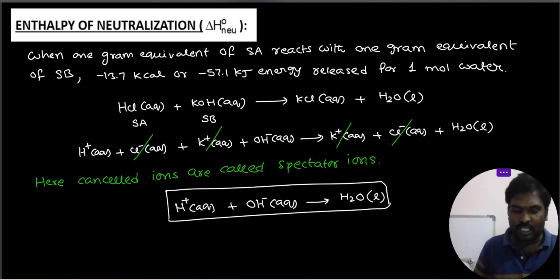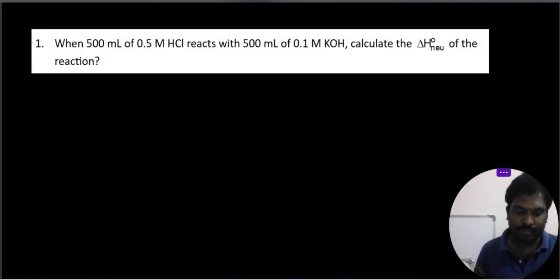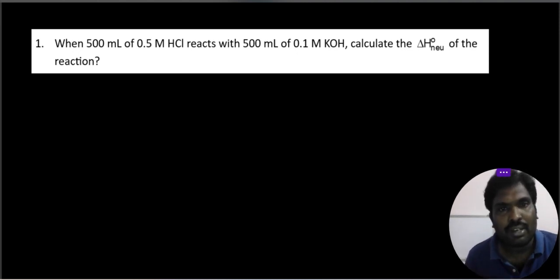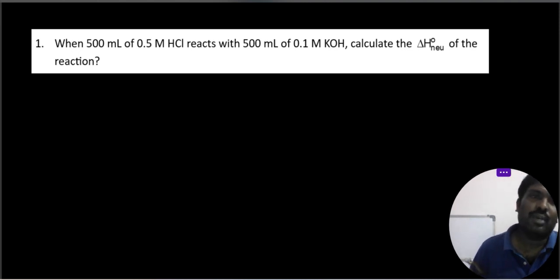Now, by solving one problem, we will get more clarity. Please concentrate on this problem. When 500 ml of 0.5 molar HCl reacts with 500 ml of 0.1 molar KOH, calculate the enthalpy of neutralization of the reaction.